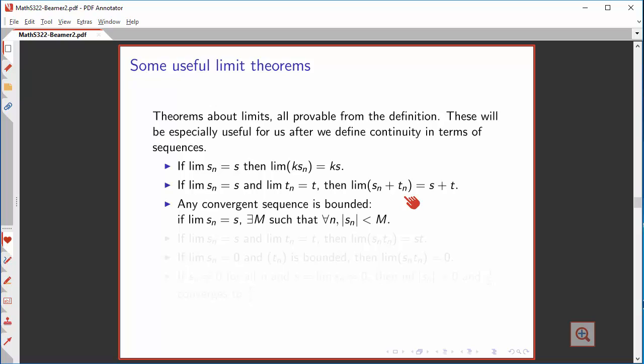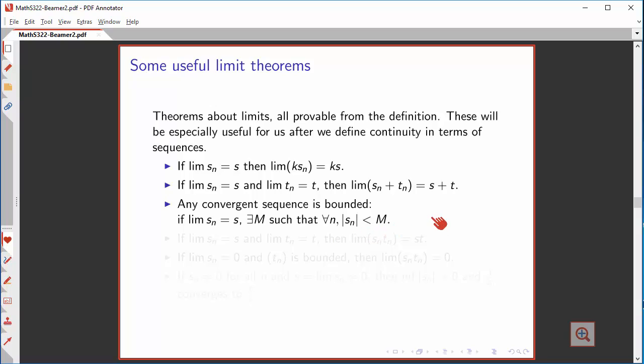Next theorem, if a sequence converges, it's bounded. That is, if S sub n converges to S, there exists some real number m. Usually one chooses an integer for this, but that's not necessary, such that every element of the sequence has the property that its absolute value is less than m.